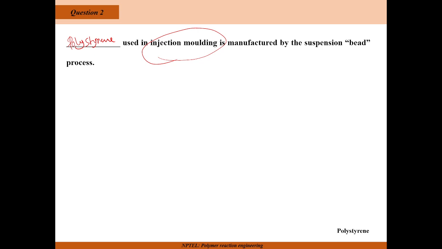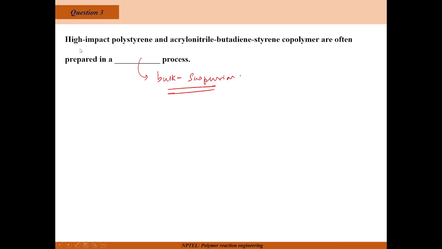The third question we discussed was: high impact polystyrene and acrylonitrile butadiene styrene copolymers are often prepared in a dash process, which is basically the bulk suspension process, because these materials are obtained in very large bulk quantities. In general we can say suspension process, or to be specific, bulk suspension process.